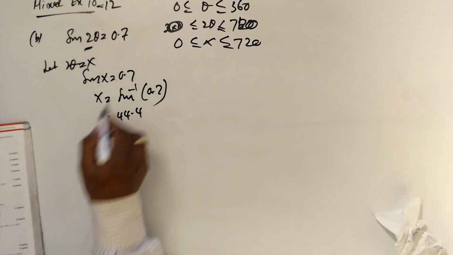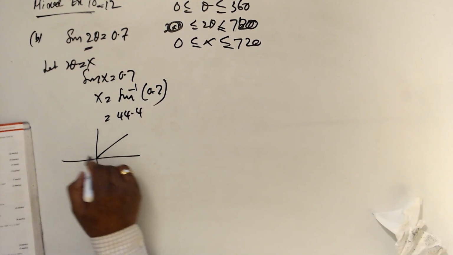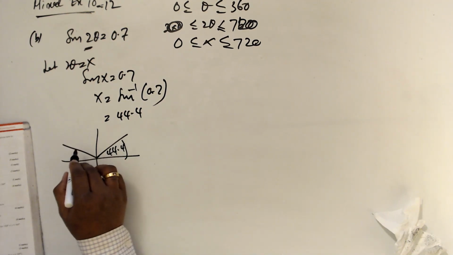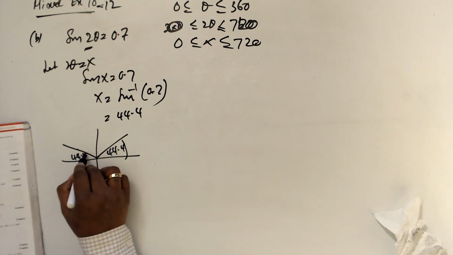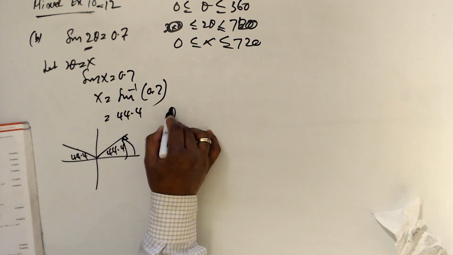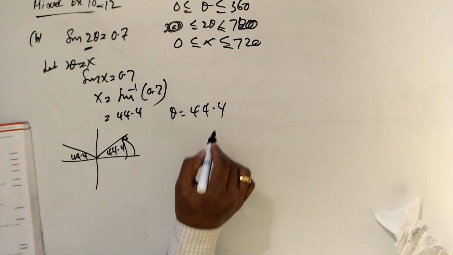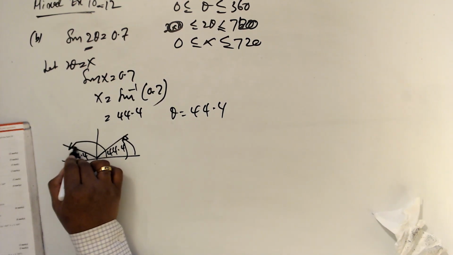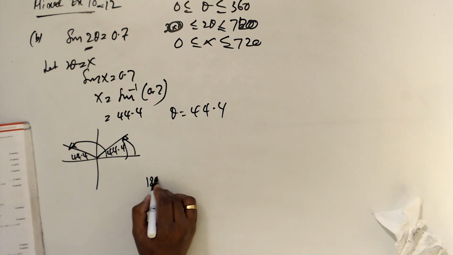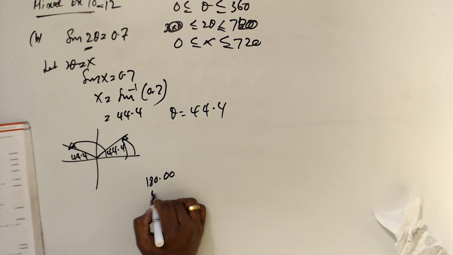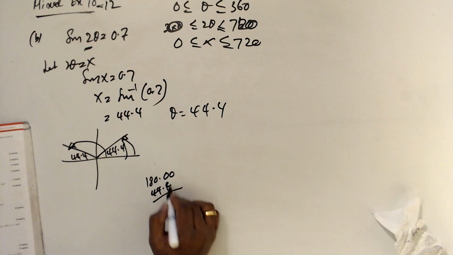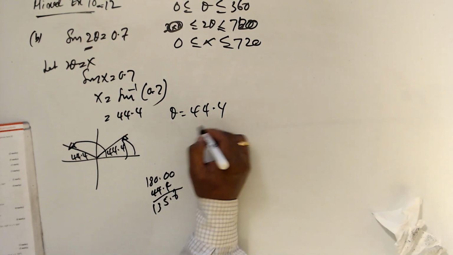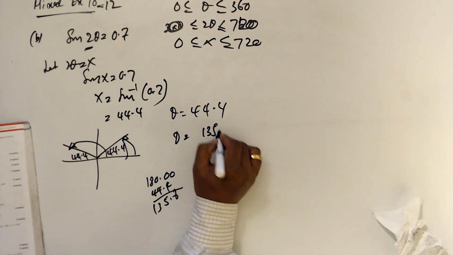Sine is positive in the first and second quadrant. This is the first one, and the second one is 180 minus 44.4, which is 135.6.